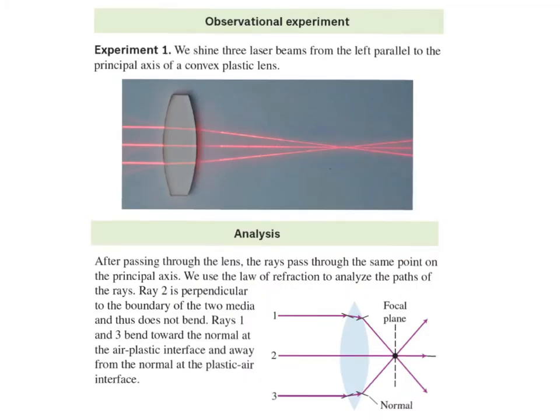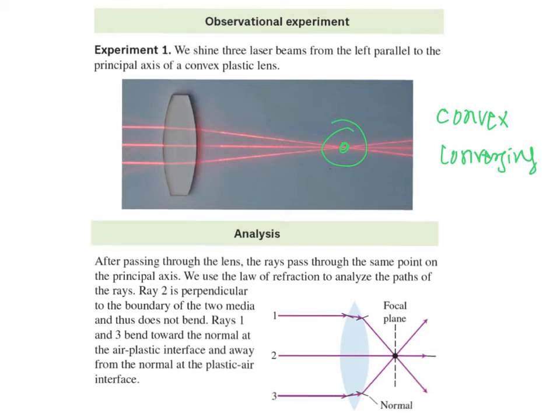So here's why a convex lens is called a converging lens. You can see the light rays actually converge to a point here on the back side. If the light rays converge to a point on the back side, they're converging to each other, and you can actually get a focused real image on that side of the lens.